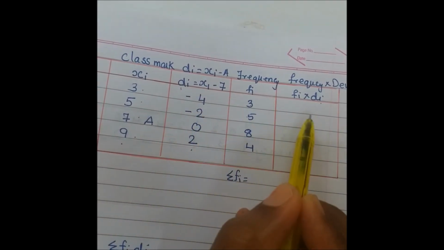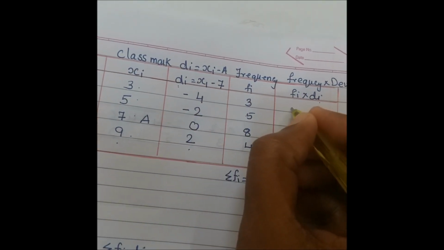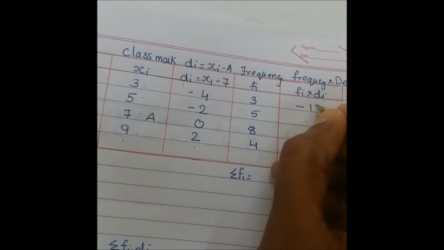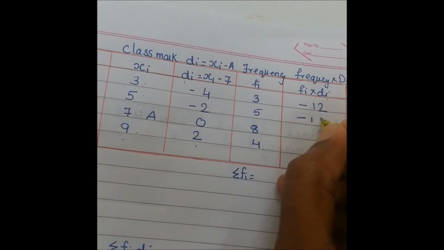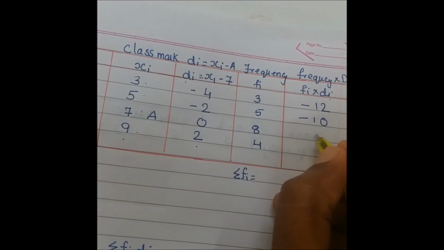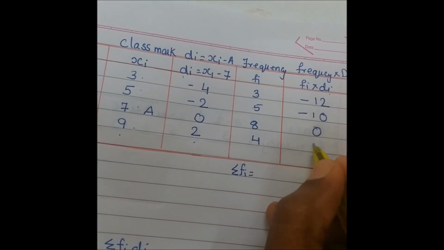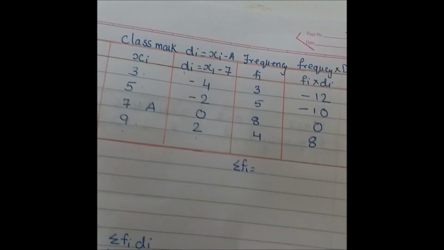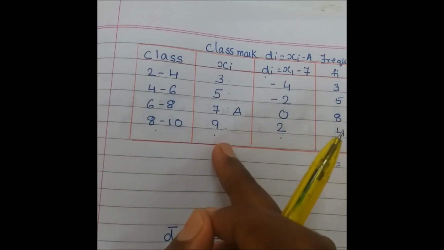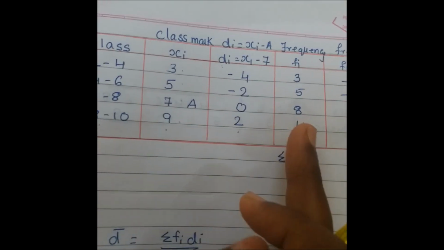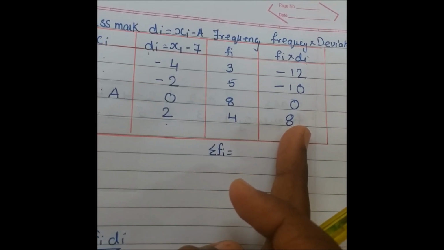When you multiply these, you get the answer fi into di. 4 3s are 12, but since there is a negative sign, it will be negative 12. 5 2s are 10, negative 10. 8 into 0 is 0. 4 2s is 8. So now all your columns are ready.